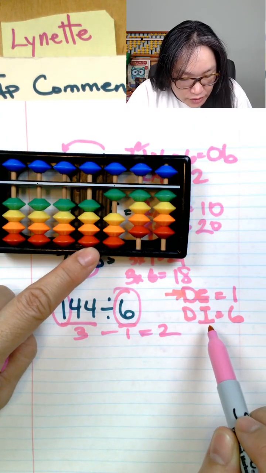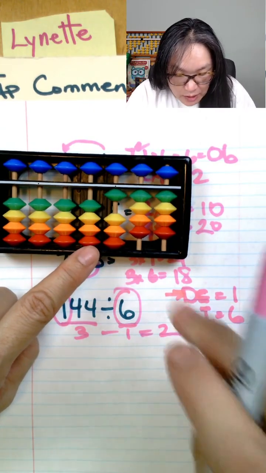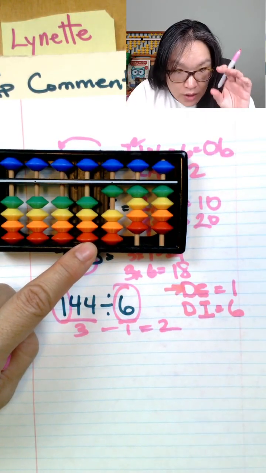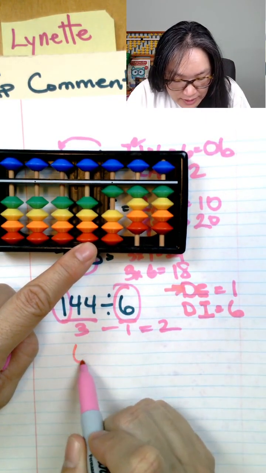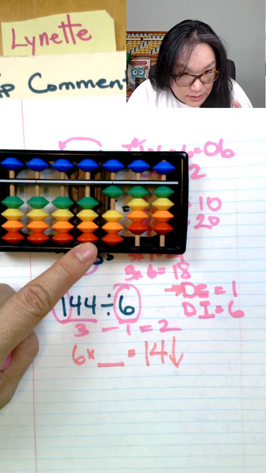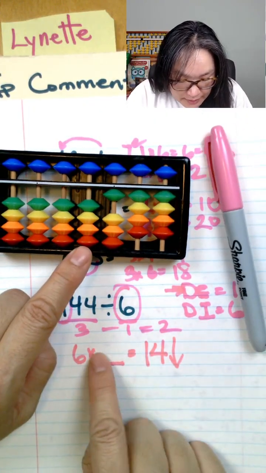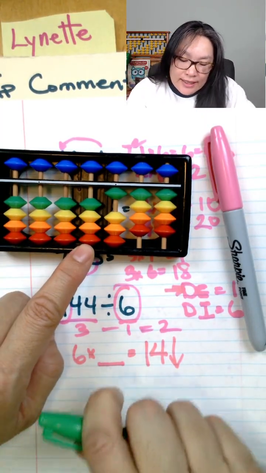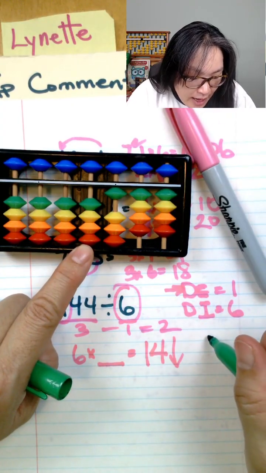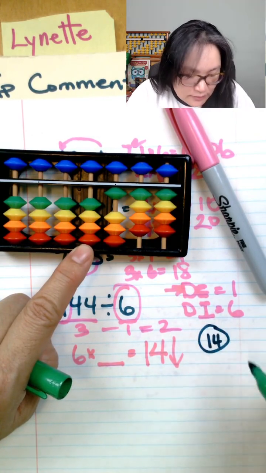So what we're going to do is, the divisor is bigger, so we're going to stay here and take 2 columns. That's one of the rules that we do. So 6 times what is equal to 14 or less? Well, I think it's difficult to understand how many times 6 divides into 14.